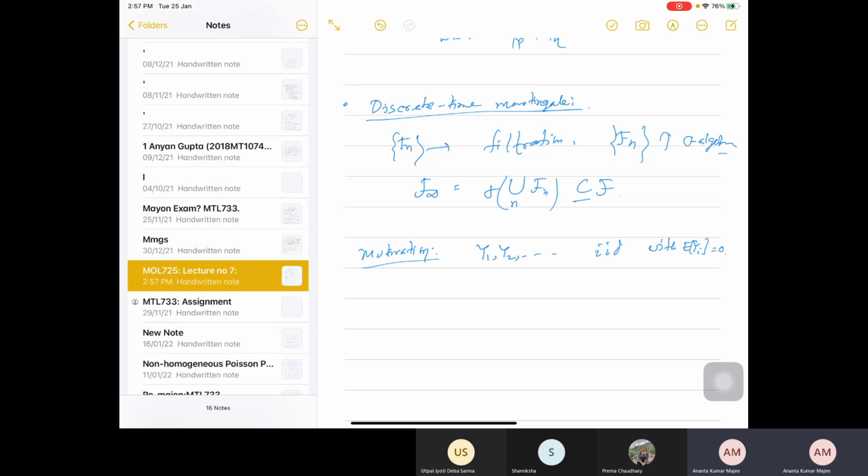Now I am defining S of n, which is the summation over i equal to 1 to n of Yi. So you can think of S0 is equal to 0. So now the question, what is our best guess?